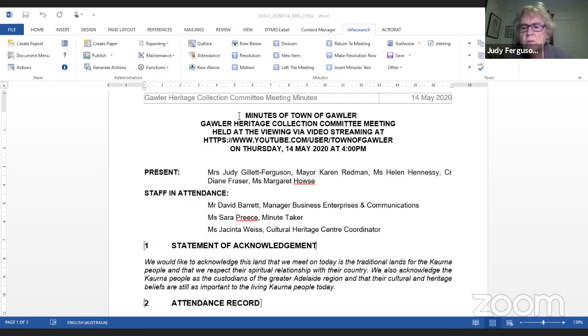Tiny white lines where? 2 tiny little vertical lines in between your minutes and your people. And if you hover your mouse around the center of the screen there, you should get a big white line appearing that you can click and drag to the left. No white line. So are you in side-by-side mode? That's the next question. At the top of your screen, you should have a little green bar saying you are viewing Sarah Priest's screen, and then view options. If you drop down your view options, what are you selected as at the moment? Fit to window. So you want to click side-by-side.